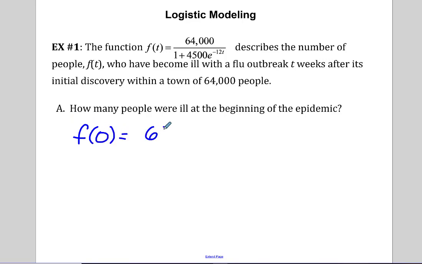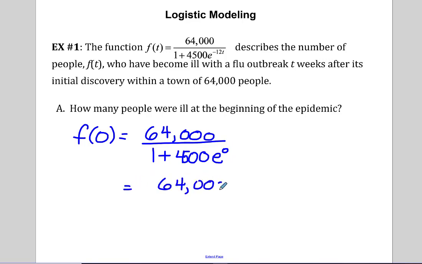If we just substitute 0 in place of the time, you have 1 plus 4,500 e to the 0 power, and e to the 0 power is 1, so that becomes 64,000 divided by 4,501.